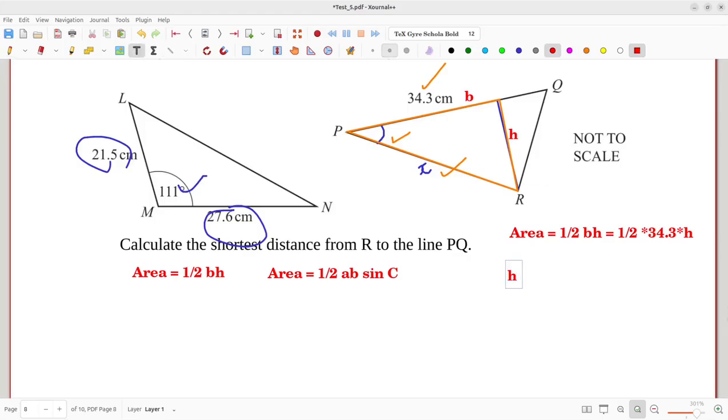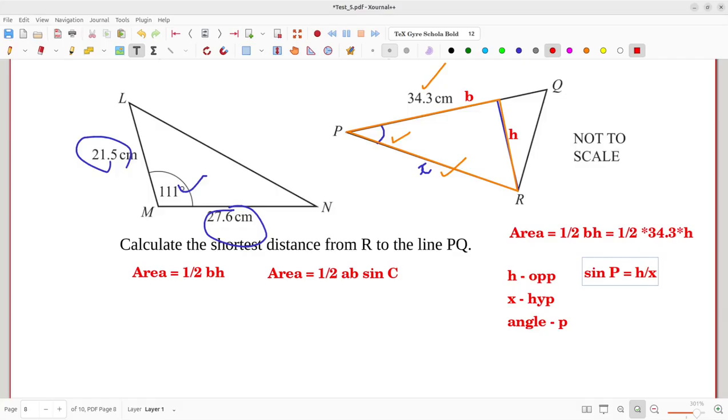H is the opposite, and then x is the hypotenuse, and then I have the angle there, which is P. And then O and H, that's sine. So technically, I'm having sine P is equal to the opposite, which is h, over the hypotenuse, which is x.